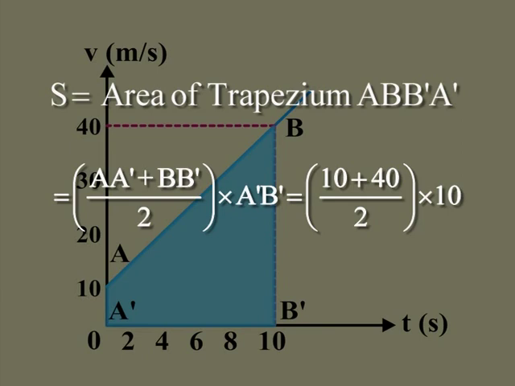Therefore, the distance covered by the car S is equal to half of 10 plus 40, multiplied by 10, that is 250 meters.